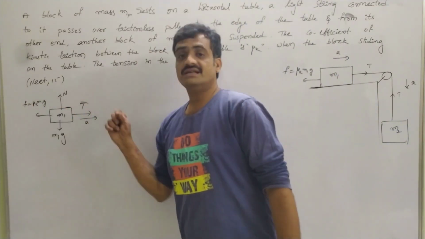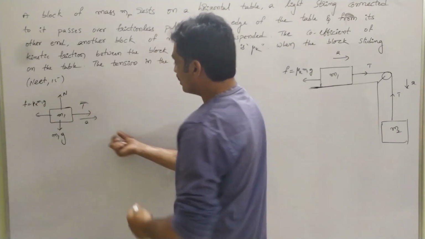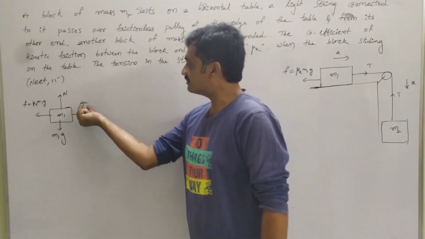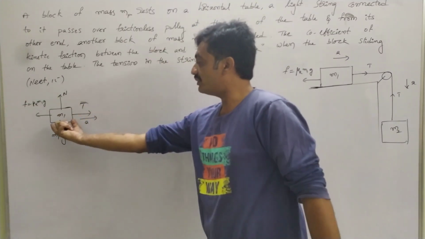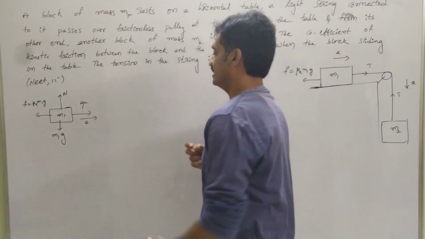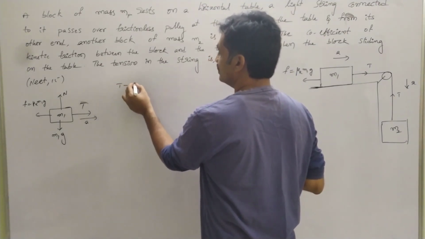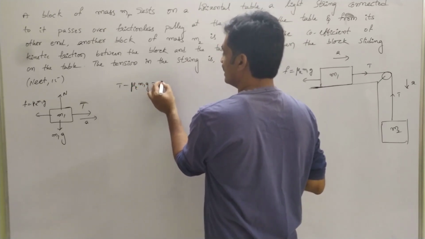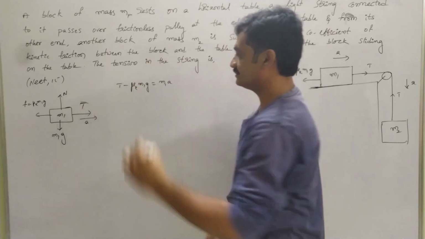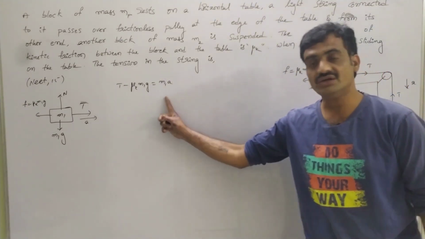Now let us represent the equation. Observe this here, since the block is moving in this direction, we can say that the tension is greater than the frictional force. That's why the block is moving in the horizontal direction. So based on that, we can represent it as T minus mu suffix k m1 g equals m1 into a.